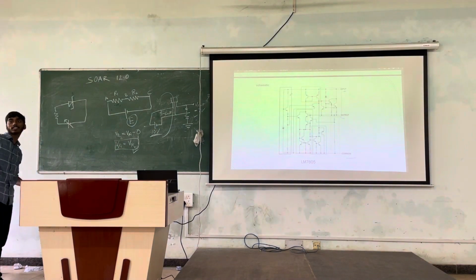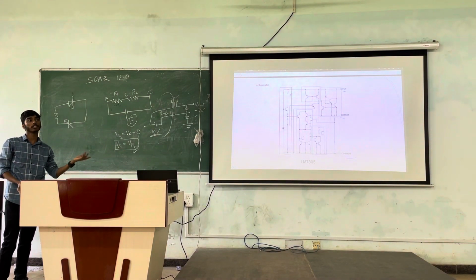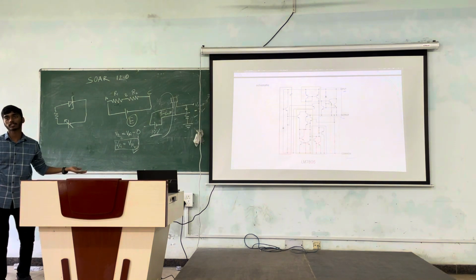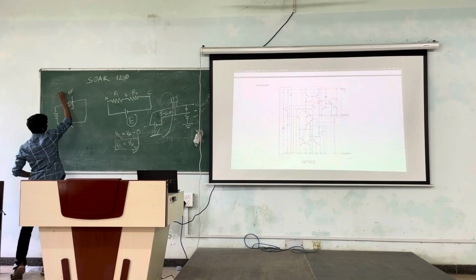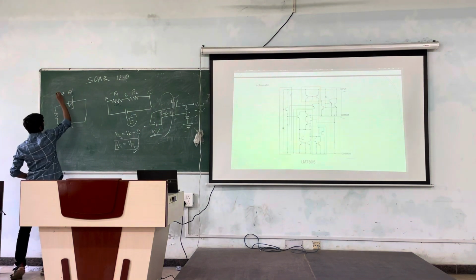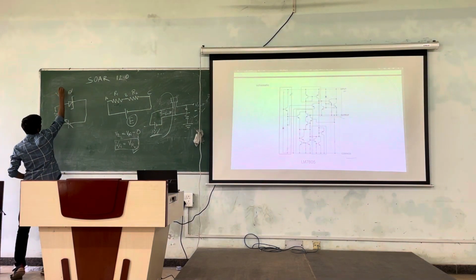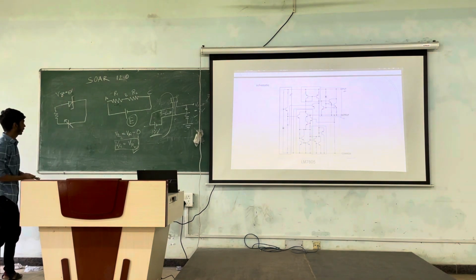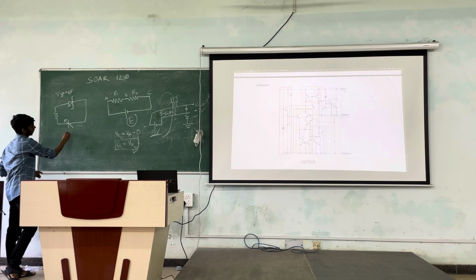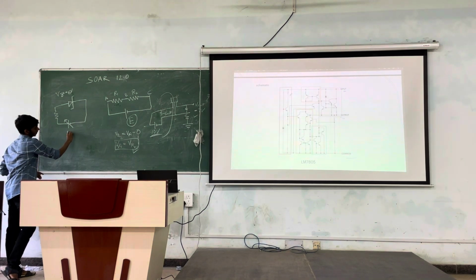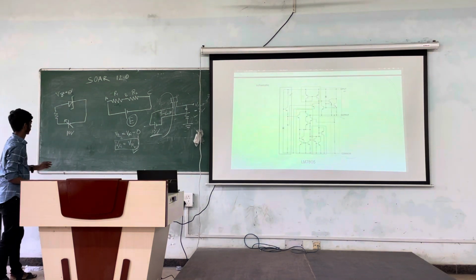It's already given in the JEE questions, like Zener voltage comes with a voltage of 6 volts or 7, 8 volts. So let us say this Zener voltage VZ is 6 volts. And this is a variable power supply, and let's say it is fixed at 10 volts, for example.